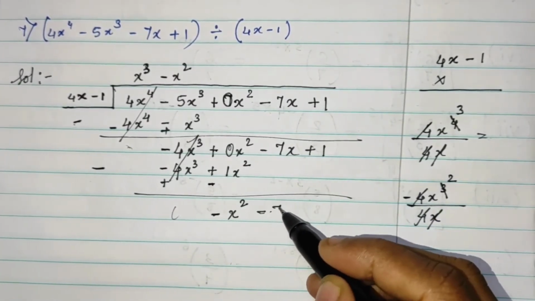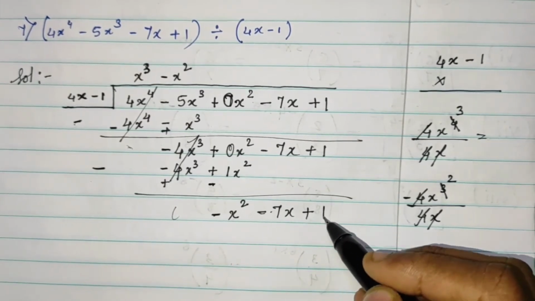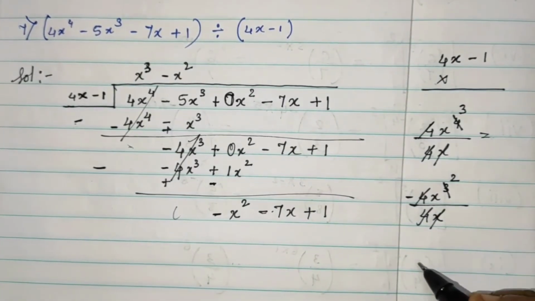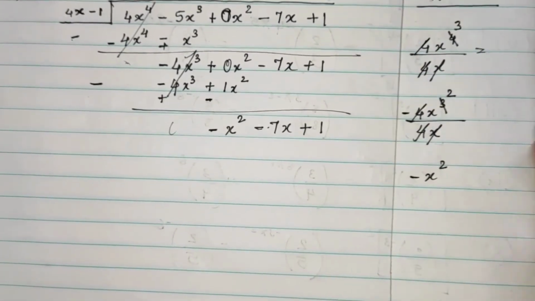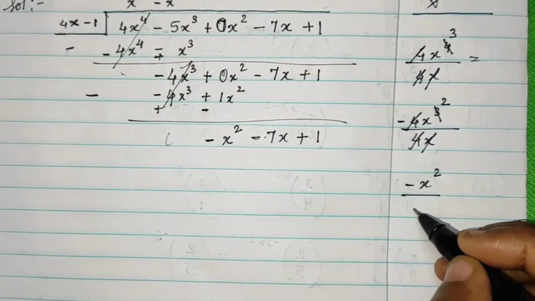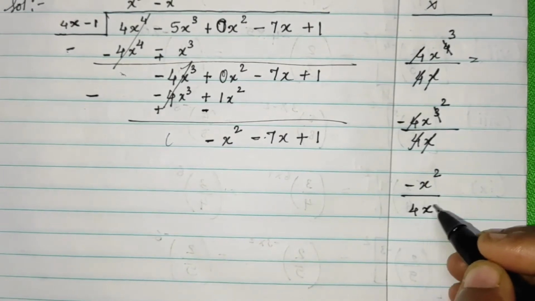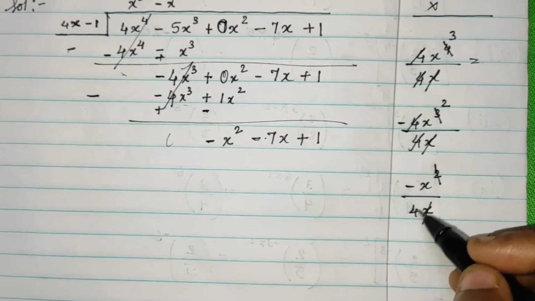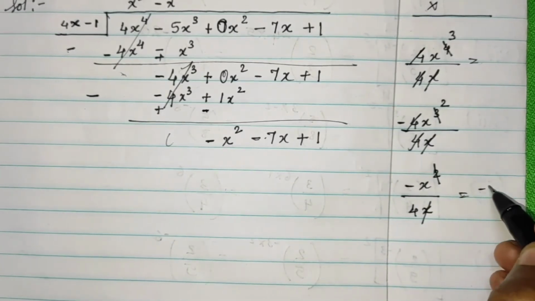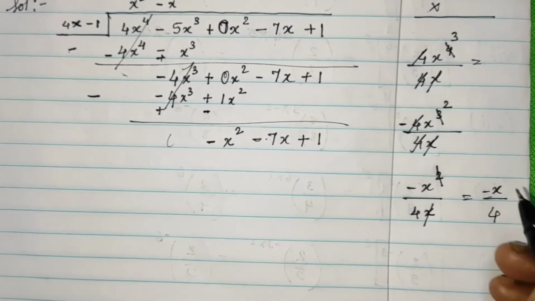And then minus 7x plus 1. So now you have minus x square upon 4x. So x and x get cancelled. So you are left with minus x upon 4.